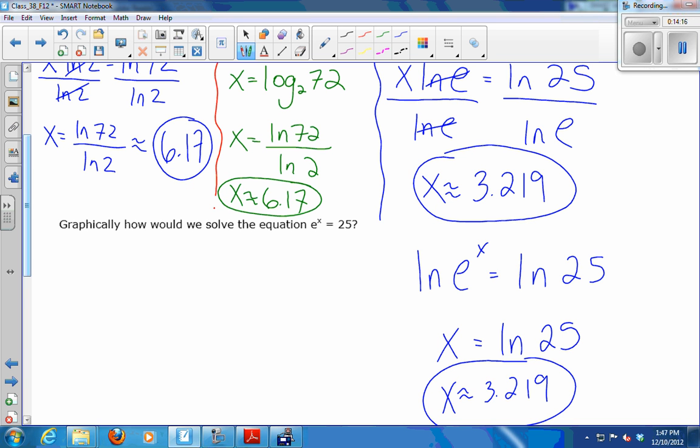Yes, and then when you lift off, you get 1. The ln of e is 1. When you lift off the exponent, you just get 1. So the ln of 25 over the ln of e is really the ln of 25 over 1, which is the same thing as the ln of 25, which is what we got here.